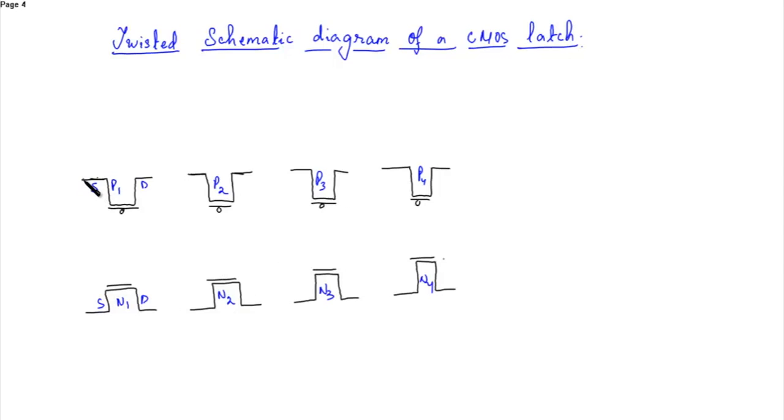So first you will connect these sources, then the drains. Similarly, the sources over here, drain here. Okay. These two are the inverters that we'll see later on. So this is the gate.